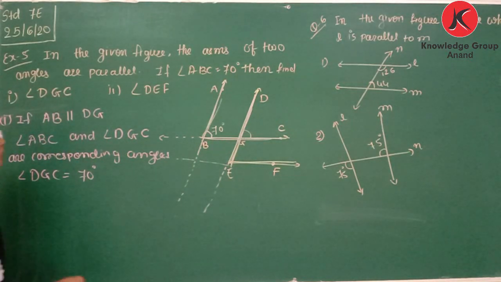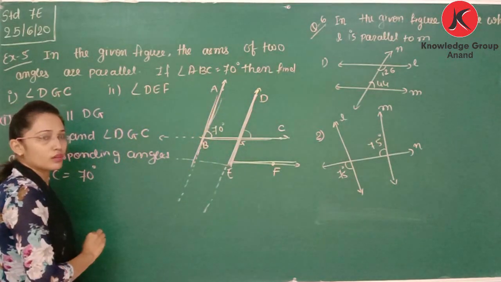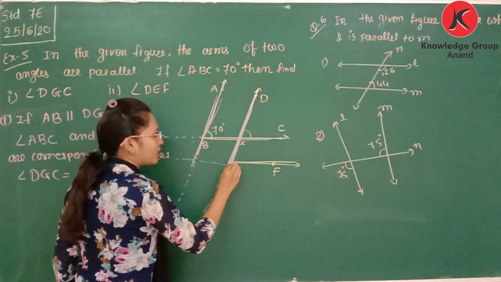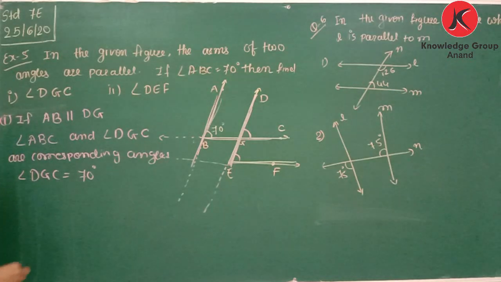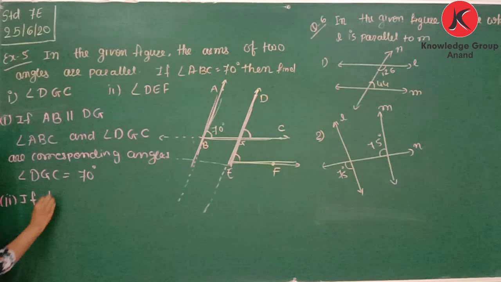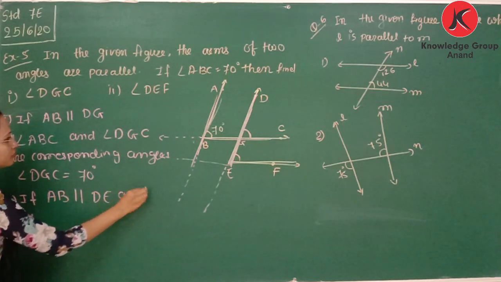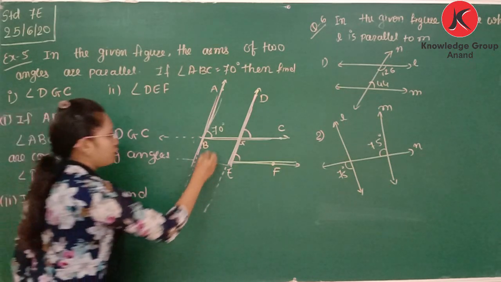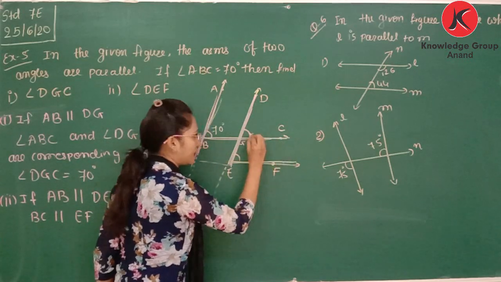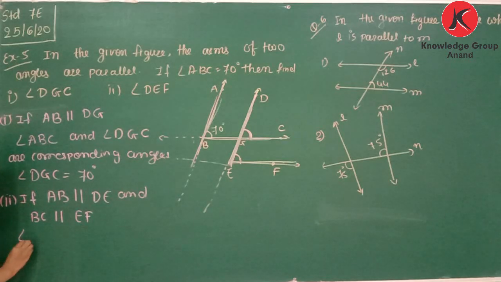Clear? Now next, if we consider these two lines as parallel, then this angle and this angle are also equal. So for the second one, we can write if AB is parallel to DE and BC is parallel to EF, then this angle and this angle are again corresponding angles.